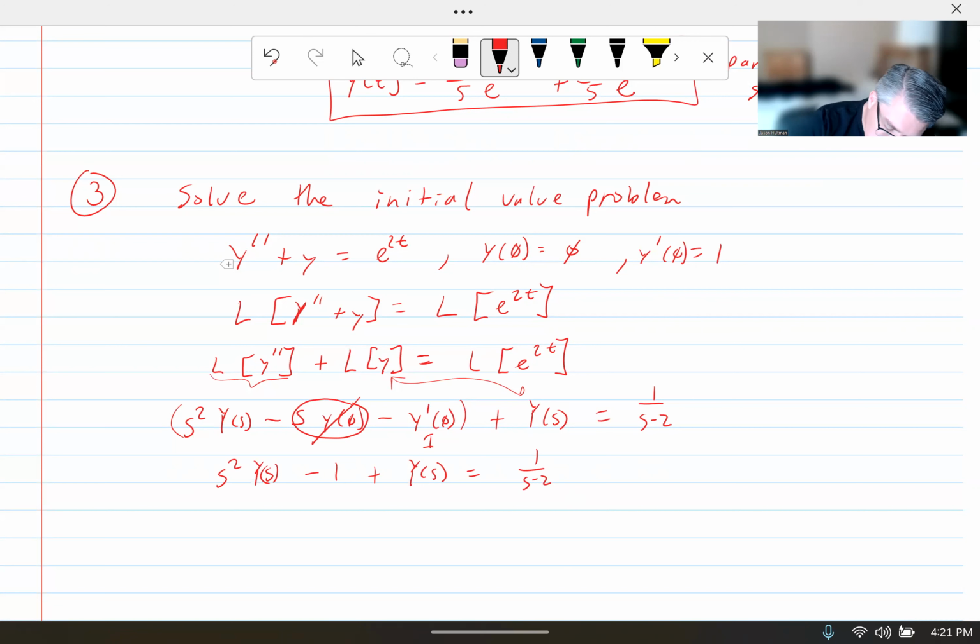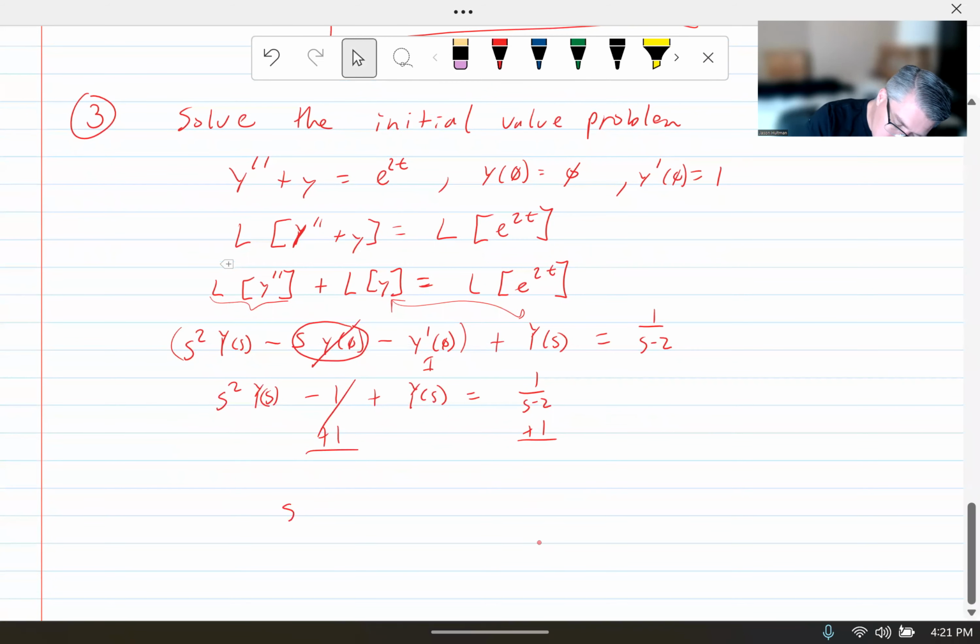Okay, so let's add 1 to both sides. This is 1 over s minus 2 plus 1. This is going to be s squared Y(s) plus Y(s) is equal to 1 over s minus 2 plus 1.